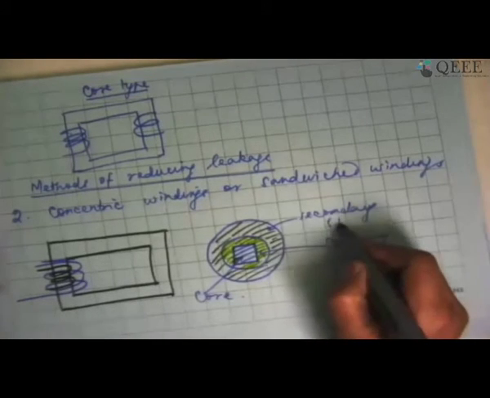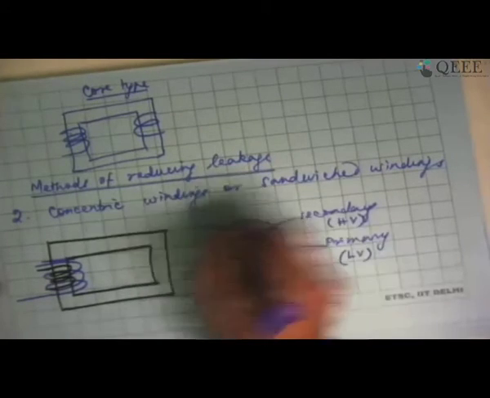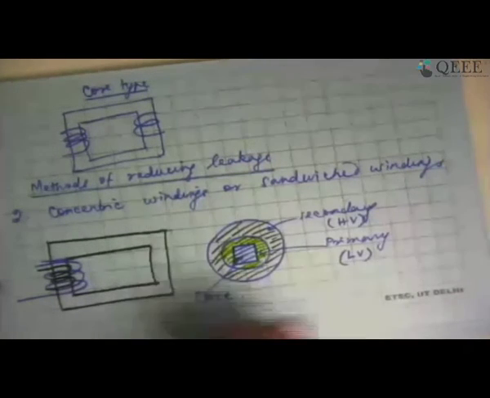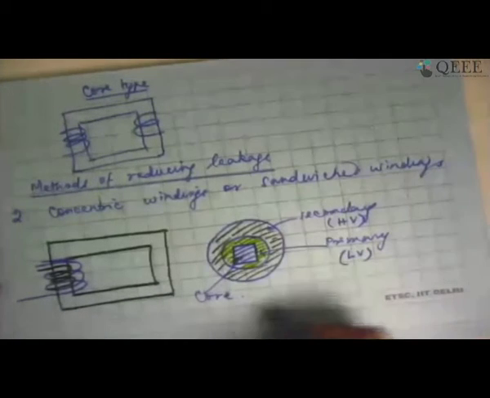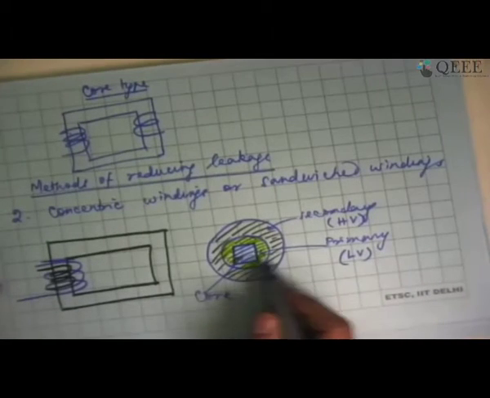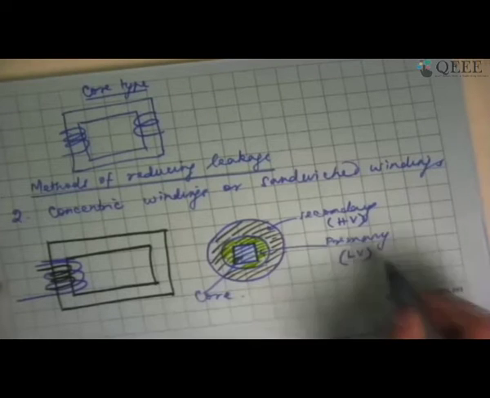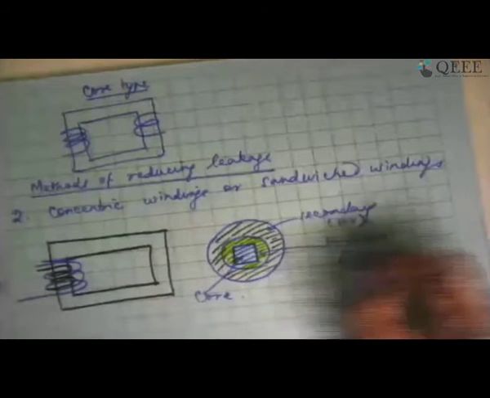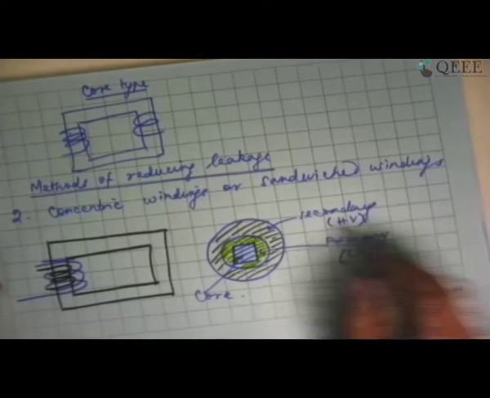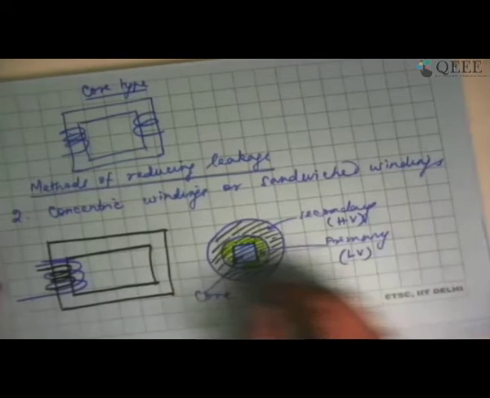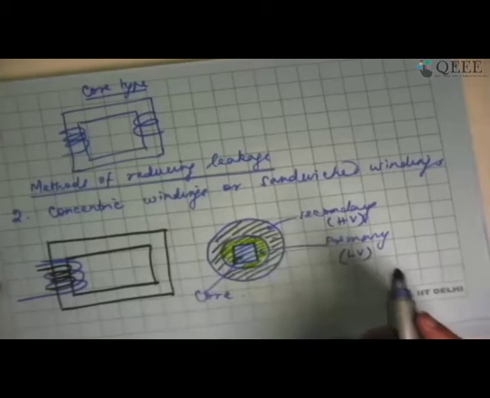Whereas if this is the high voltage winding, anyway the circle is becoming bigger. So naturally for thicker winding, it will be easier to wind it outside rather than inside. So normally the high voltage winding will be put on the outside concentric circle, and the low voltage winding will be in the inward concentric circle.